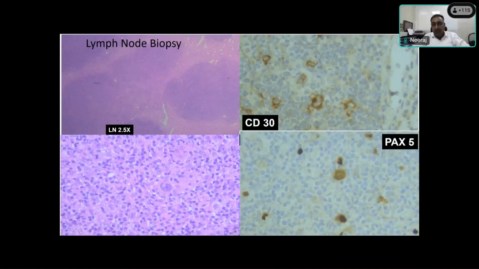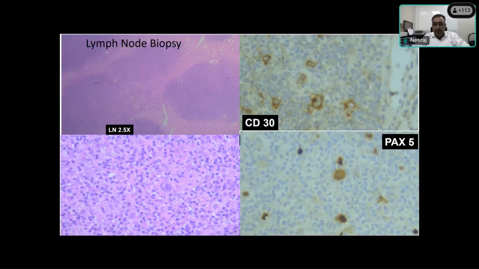You're not able to see any routine follicles or the sinuses. What we are able to see is a vaguely nodular kind of infiltrate with loss of architecture. There are some fibrous bands and collagen septa making ill-defined nodules.